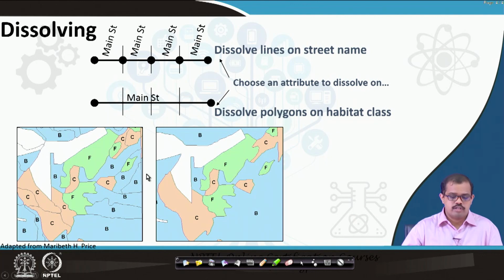Just using dissolve you can put this into a single line, and if there are many intersections like this and you want to represent a main street, just using a dissolve can put it in a single line segment with only two end points, representing the entire main street. This is how a dissolve tool can be used, and if someone is using ArcGIS, I am sure that he or she would have used this tool extensively.